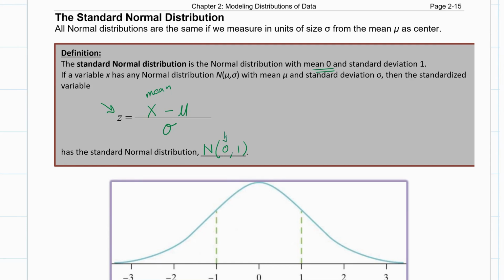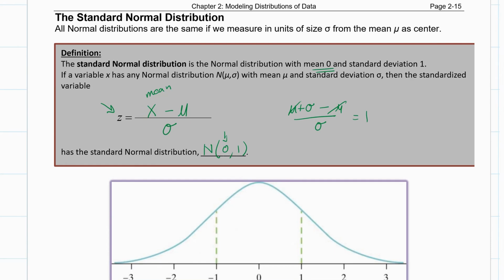And if I put something that's exactly one standard deviation above the mean into this formula, I get sigma over sigma, I get exactly 1. So the transformation of any normal distribution into z values creates a standard normal distribution.